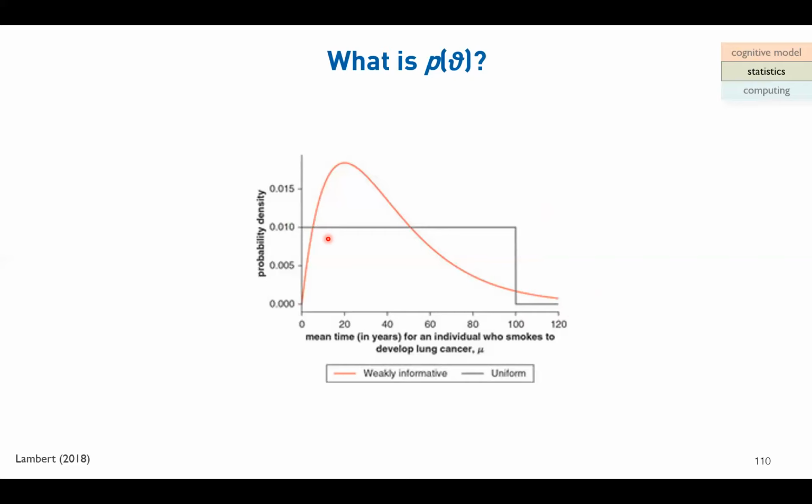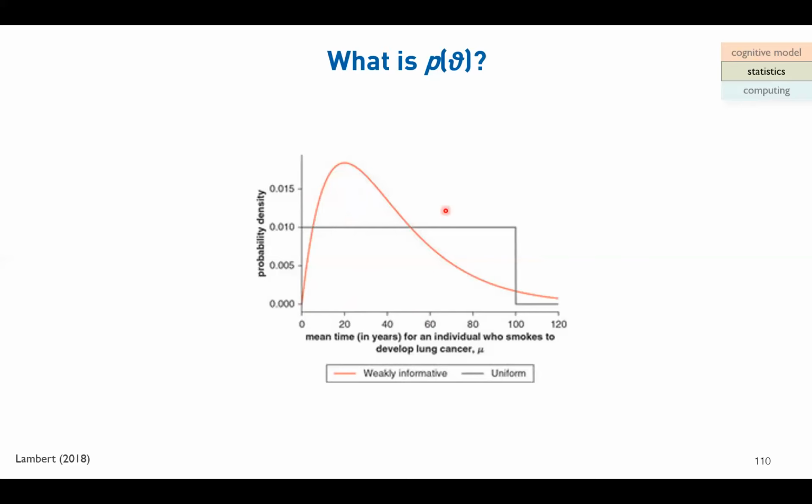Another scenario, the orange curve, is a weakly informative case. Here the majority of the density is between 0 years and, let's say, 60.